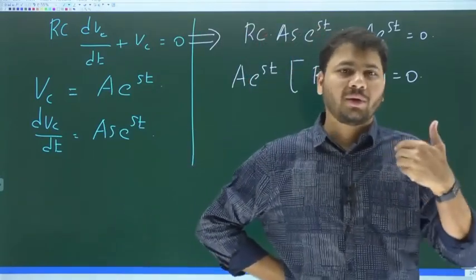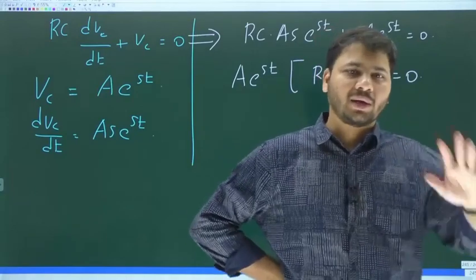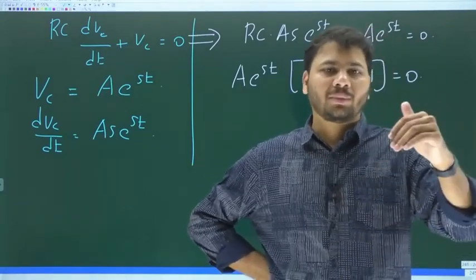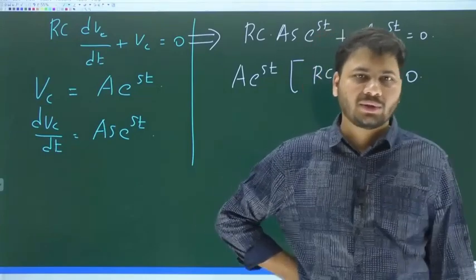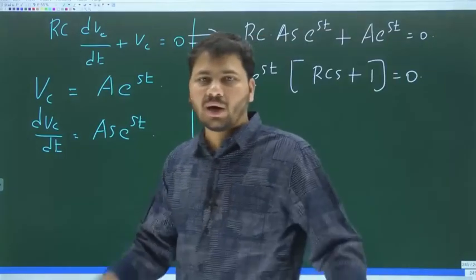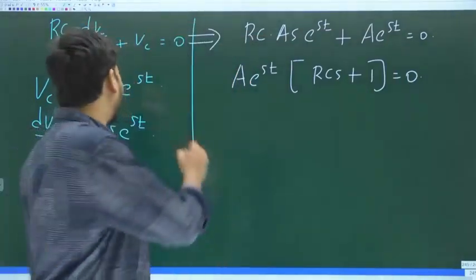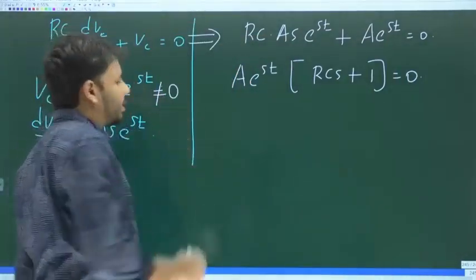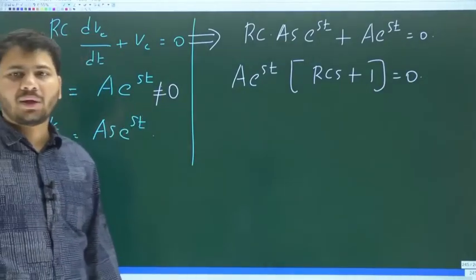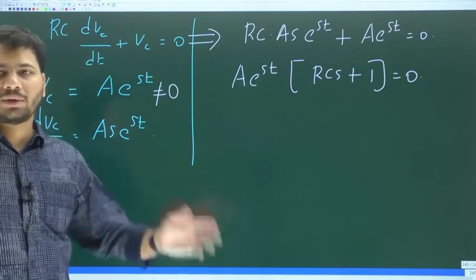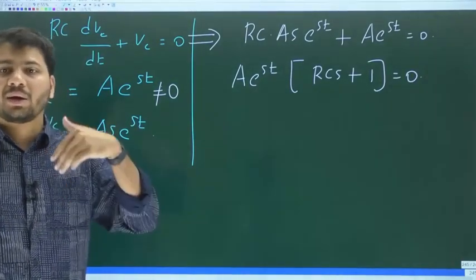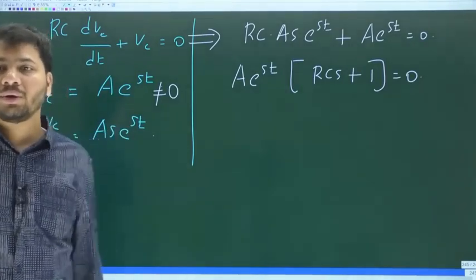We are assuming A times e power st to be the solution of our differential equation. If the cap is initially charged to some voltage, then it will take some time for the cap to get discharged through the resistance. So Vc is not going to be 0. That means A times e power st, the solution of this differential equation, is not 0. We are not interested in a 0 solution; we are interested in a non-zero solution.